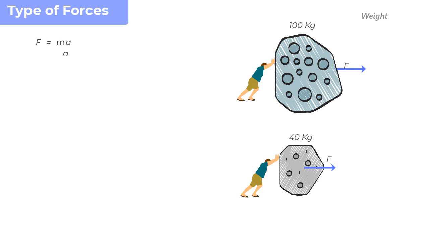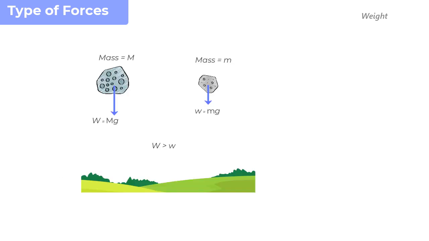If F is fixed, this value of a would be more than this one simply because the denominator here is smaller. Weight, however, is a force exerted on a body by the pull of the earth. Objects having large mass also have large weight.